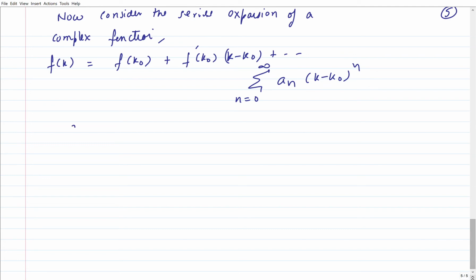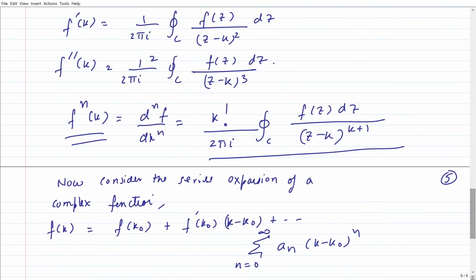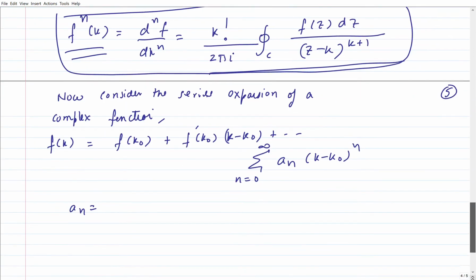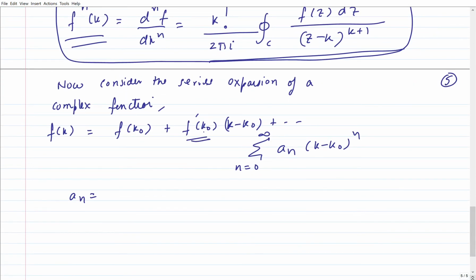Okay, so a_n was nothing but, if I compare it with this formula over here, I'm taking the derivative and evaluating it at a particular point. For the nth term, I'm taking the nth derivative.